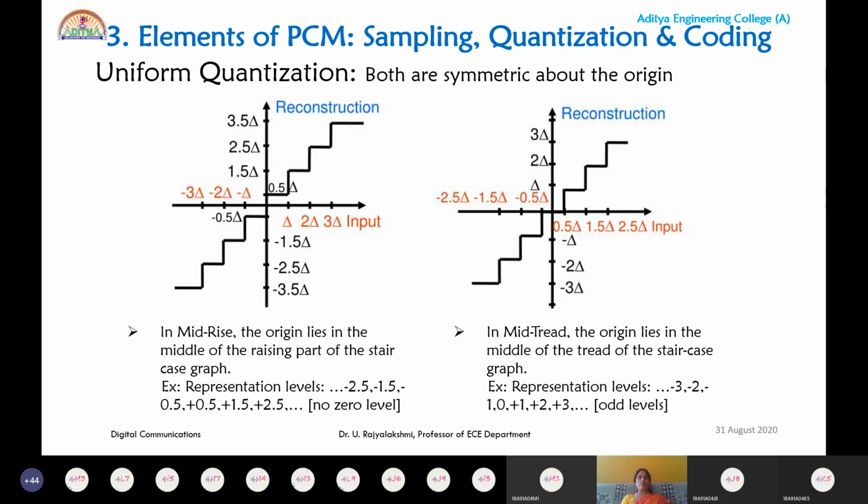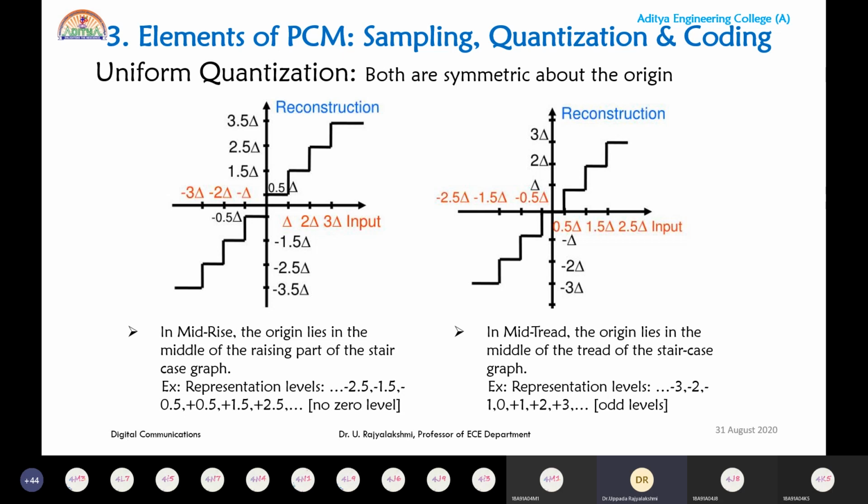It doesn't consist of the 0 level. But in the case of the mid-tread quantizer, it consists of the 0 level. The origin lies in the middle of the tread position. So if you observe the origin location, it is in the horizontal position of the staircase waveform. But in the case of mid-rise, the origin is in the rising portion of the staircase waveform.